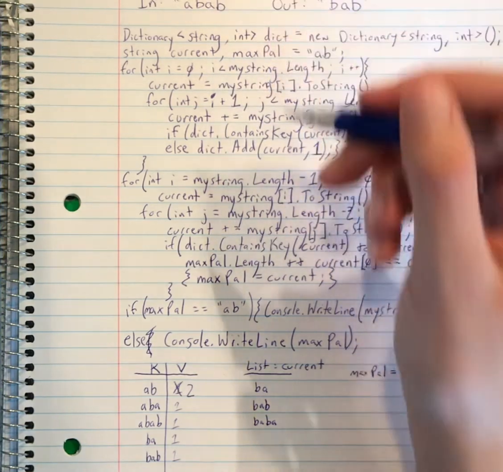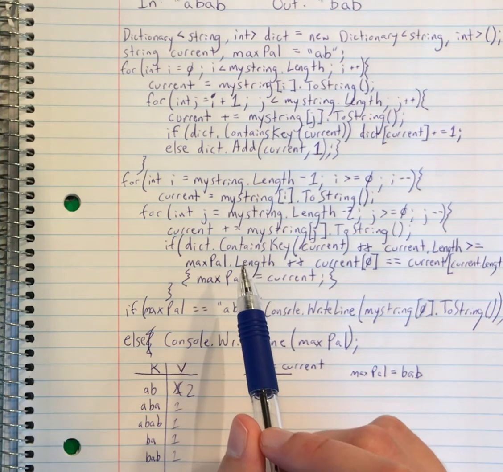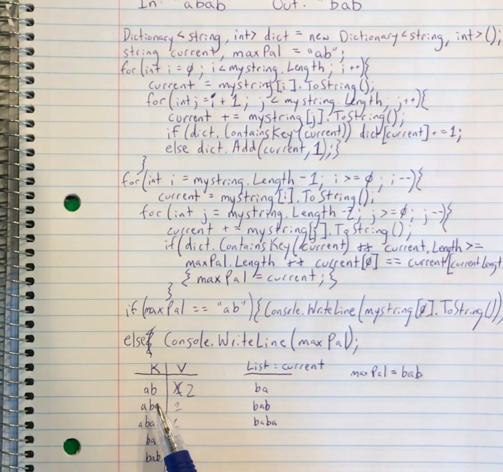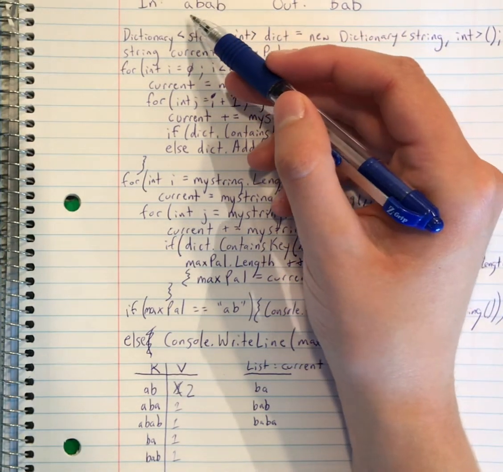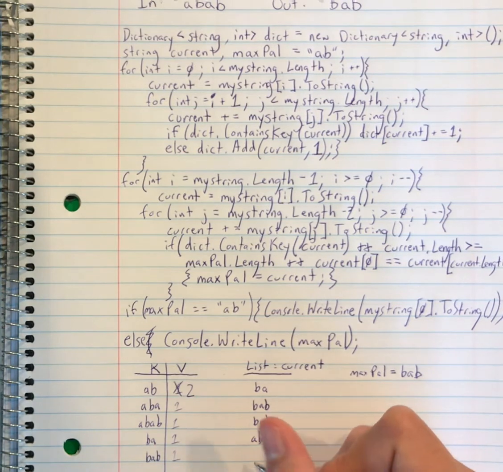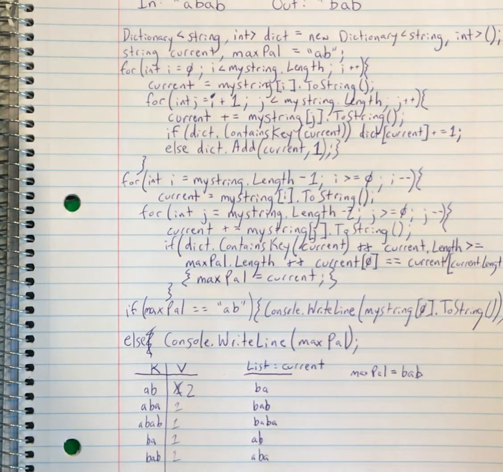And current is A, then current is AB. AB is here, but the first and the last letter aren't the same. Plus it's shorter than maxPal, so we move on. Next we have ABA. Let's see what happens with this one.